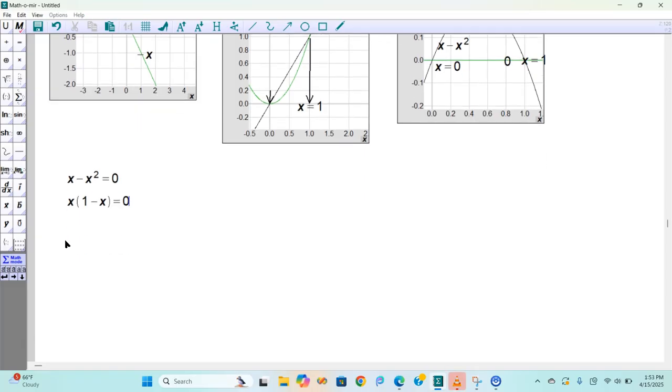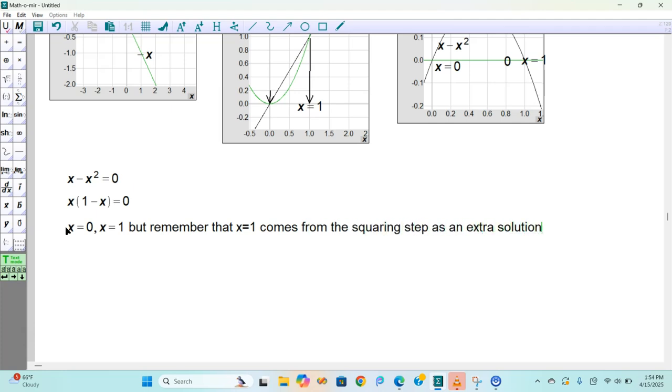Does this mean something? I suppose you want the product to be 0. So you could graph the x independently, you could graph the 1 minus x independently, and then you would get that x equals 0 and x equals 1 are the solutions. But remember that x equals 1 comes from the squaring step as an extra solution.